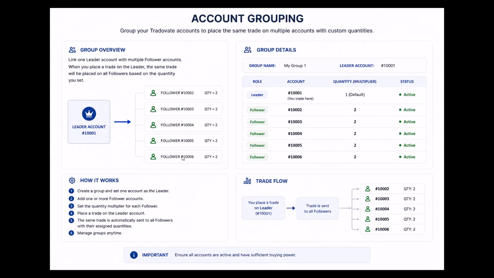Say you want to trade quantity 2 on each account, and there are 6 accounts. You need a total of 12, so you have to set the quantity to 12 so that 2 will trade on each account. I will show you on the next screen how we can set that using the Tradovate account group feature.